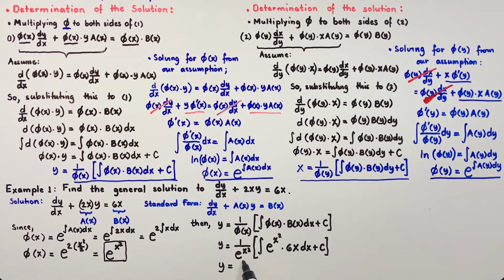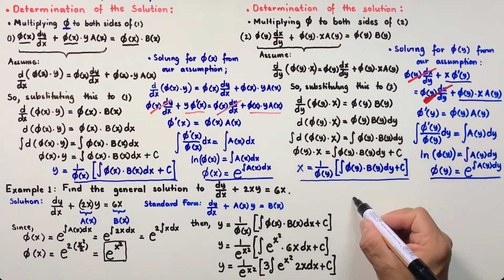We have 1 over e to the power x squared times the integral of e to the power x squared times 2x dx here, but the 3 will be factored in front of the integral because 3 times 2 is 6, and this is added to the constant of integration c.